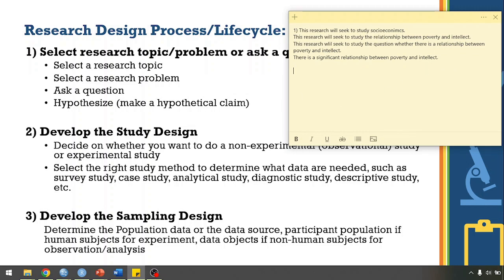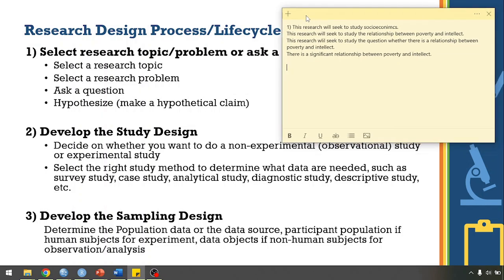The second step involves developing the study design. So here you're going to decide, based on your topic, what type of study design you're going to be using. Since it's a socioeconomic topic, you will not be using any experimental design because, as you know, experimental design is when you introduce an experiment, and then you measure the effects of it.